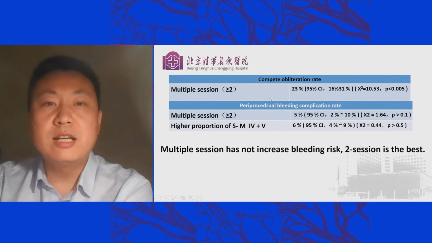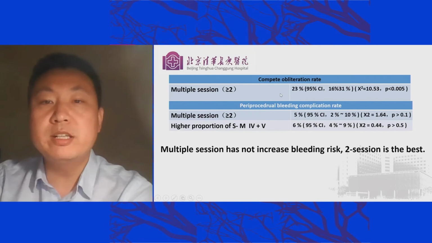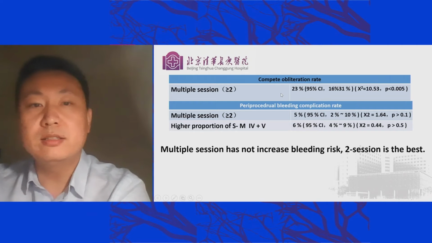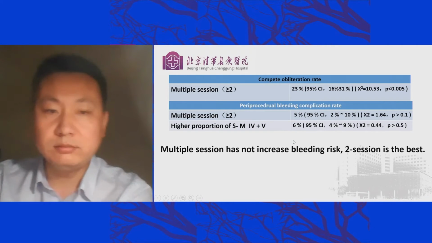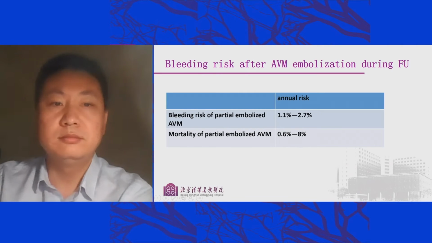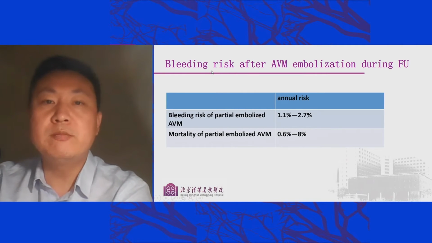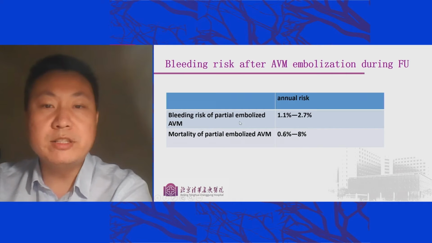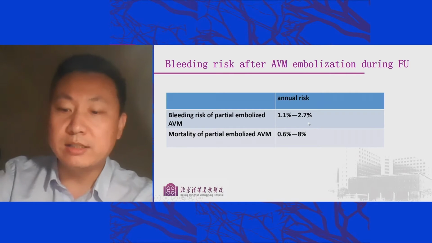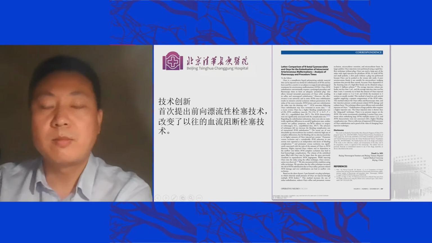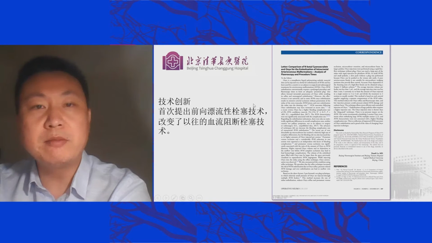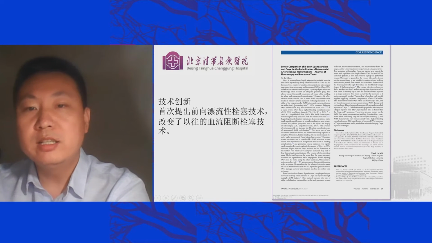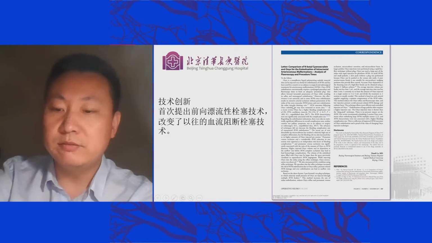Multiple sessions can decrease the bleeding complication rate and also elevate the complete obliteration rate. For partially embolized AVMs, the bleeding risk is 1 to 2%. We have changed the proximal plug technique for AVM embolization and promote the antegrade drifting technique for AVM embolization.